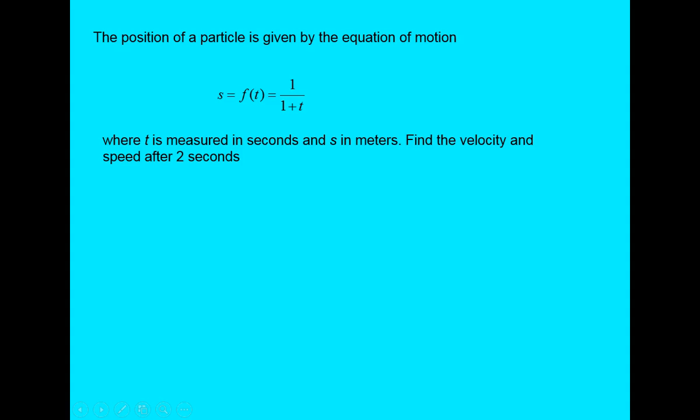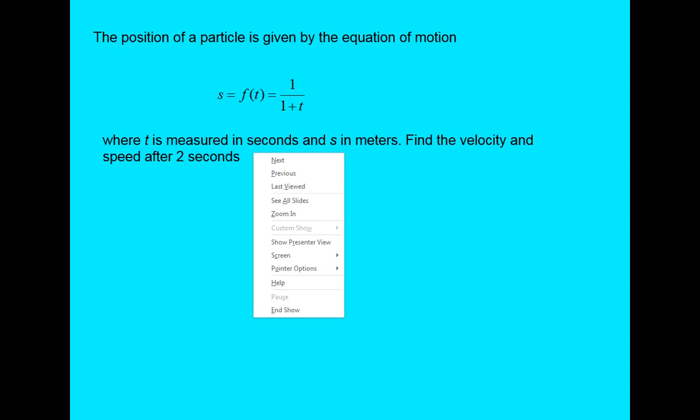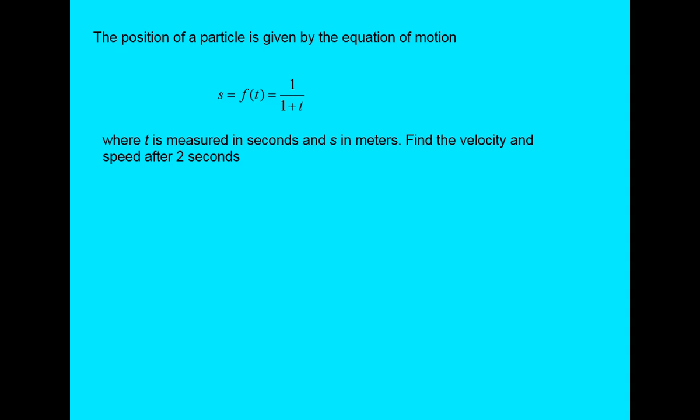If we're trying to find the velocity of this particle, and we have the position function, f of t equals 1 divided by 1 plus t, the velocity can be found by taking the derivative of our position function. This would give us our velocity function.